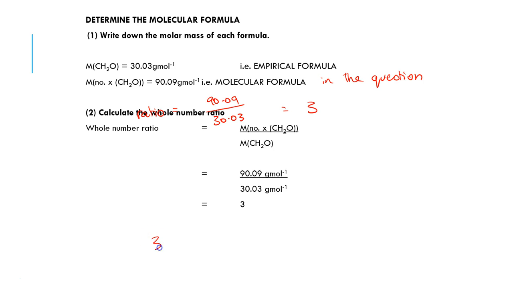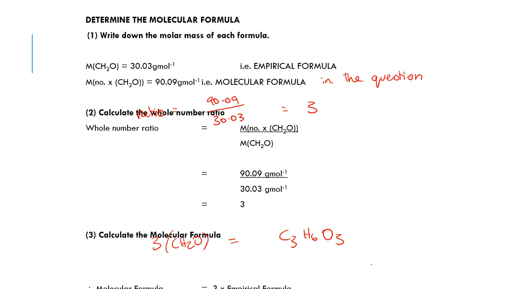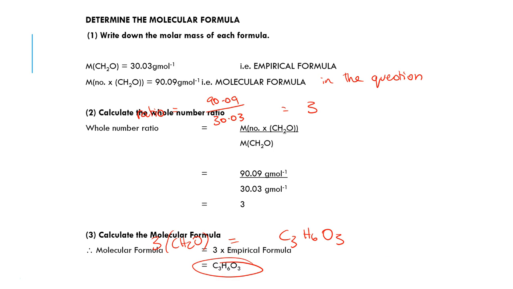So I've got 3 times CH2O, which is going to be C3H6O3, and that is going to be the molecular formula of lactic acid, which in fact it is. Okay, so hopefully you realize that if you follow the steps, you can't go wrong.